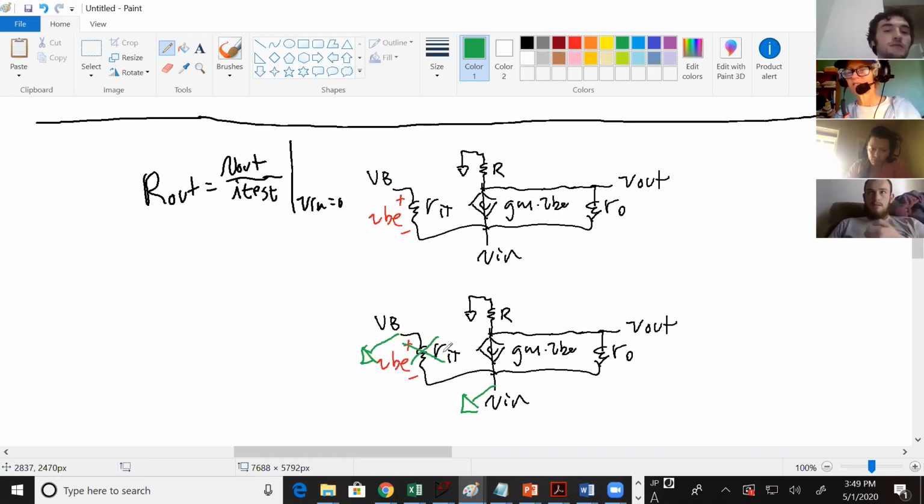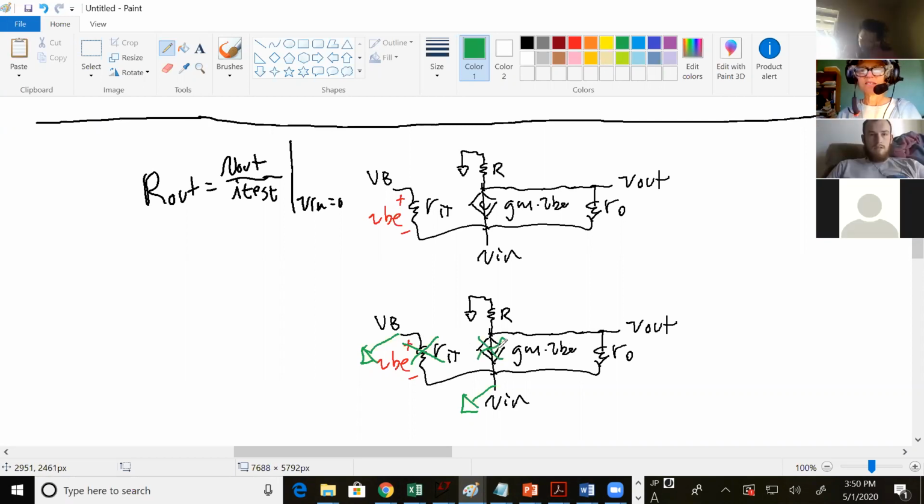What else? Can you get rid of the current source as well? Yes, and why? VBE is the same as the voltage across R pi. Exactly. So VBE is 0, 0 times anything is 0, so that goes away. And then all you're left with is R and RO. Can you prettify that?